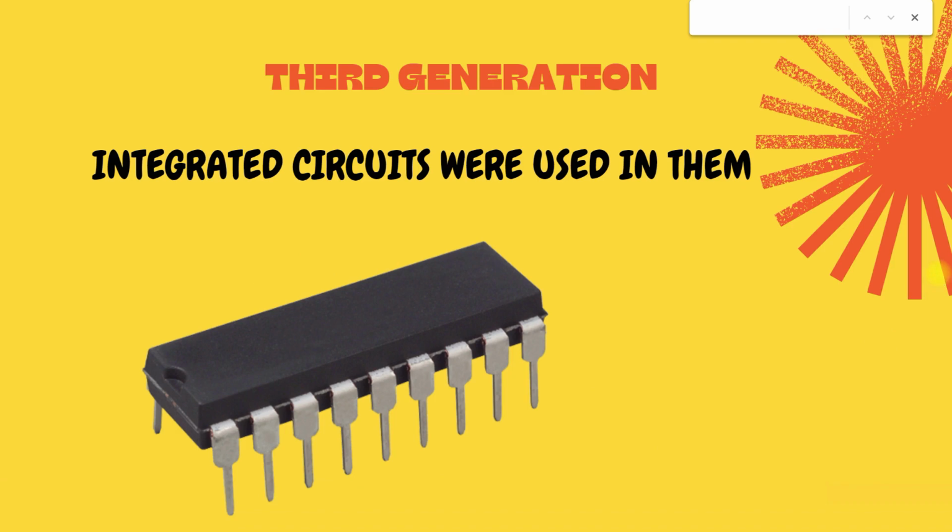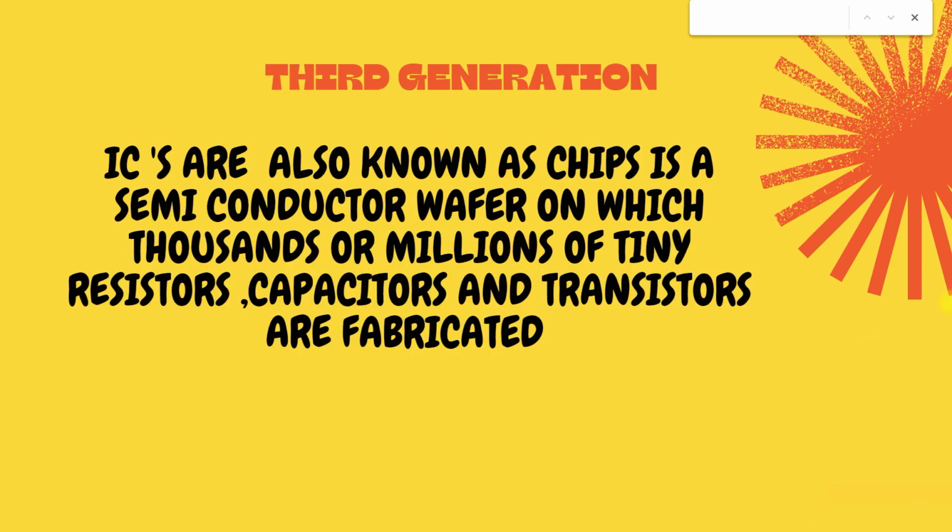ICs were used in third generation computers. ICs are also known as chips. It is a semiconductor wafer on which thousands or millions of tiny resistors, capacitors and transistors are fabricated.